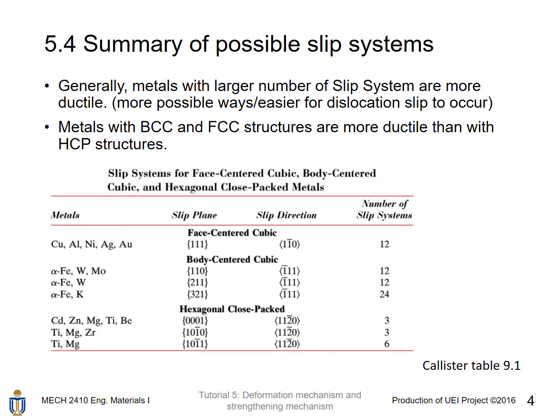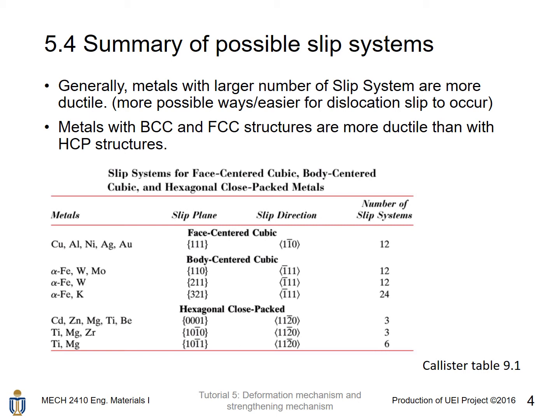In general, metals with a larger number of slip systems are more ductile, because there are more possible ways, which means that it is easier for the dislocation slip mechanism to happen. And that's why metals with BCC and FCC structures are more ductile than those with HCP structures.